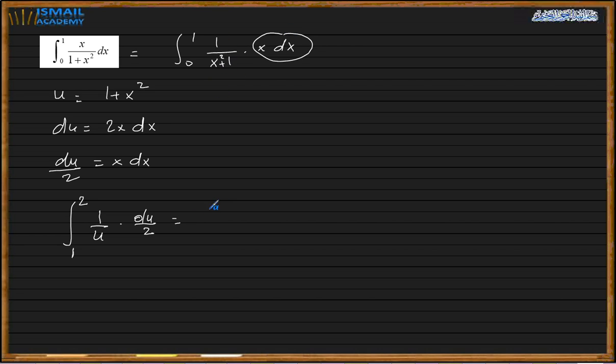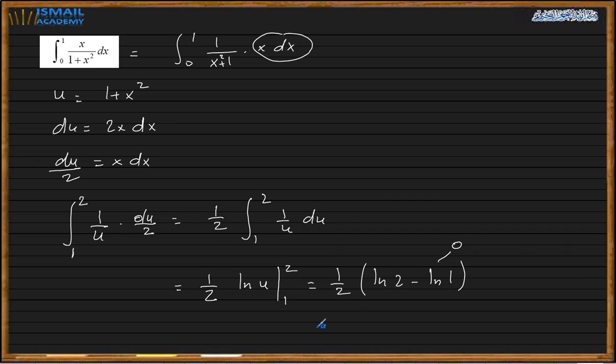So here we'll end up having 1 half, between 1 and 2, of 1 over u du. So this is ln, so it's going to be 1 half ln of u between 1 and 2. So the same thing as half of ln of 2 minus ln of 1. Ln of 1 is just 0. So it's going to be just ln of 2 over 2, and this will be your answer.